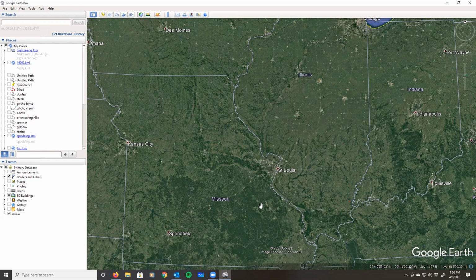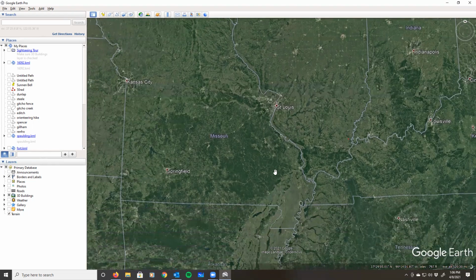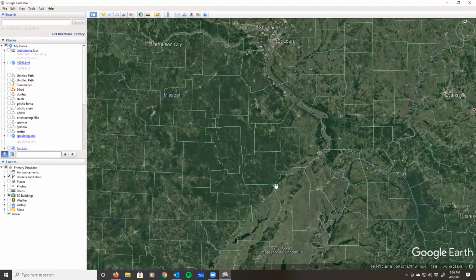Also, it says that the origin is the intersection of 90 degrees, 10 minutes west, and 36 degrees, 40 minutes north. So 90 degrees, 10 minutes, and 36, 40. I'm looking up at the definition here. 3640.